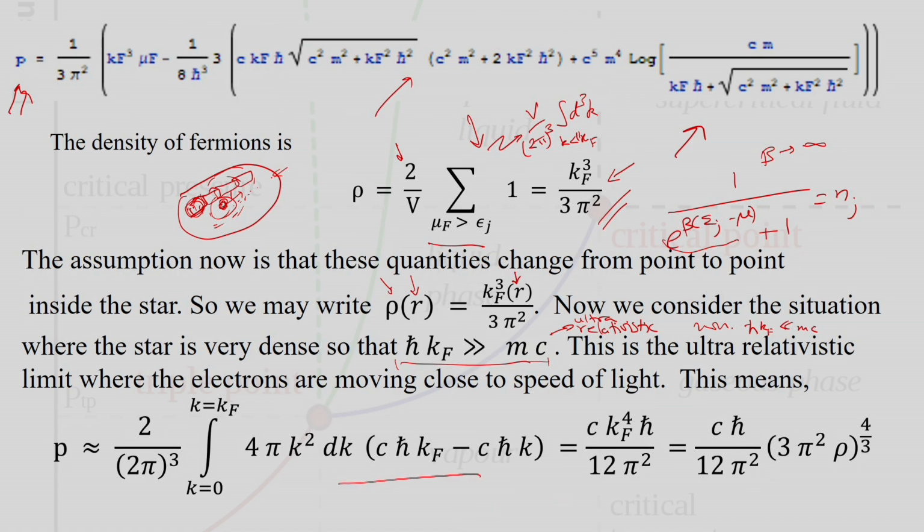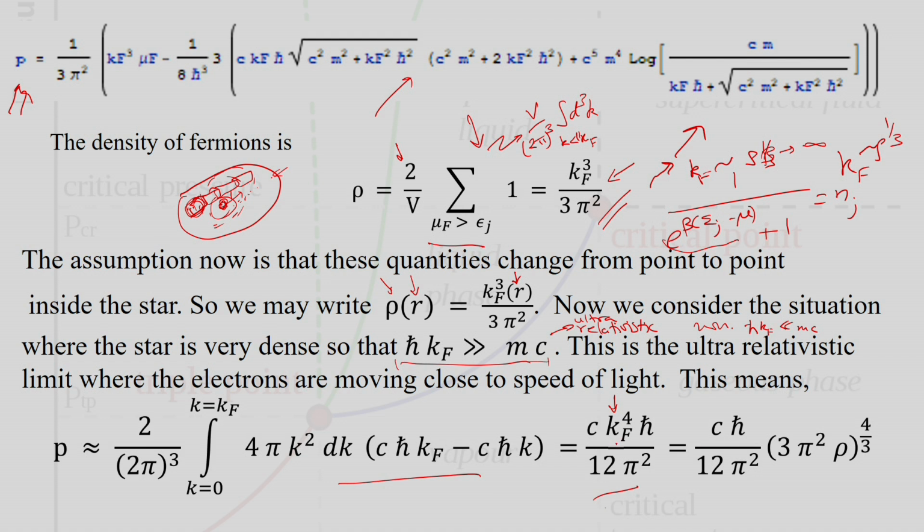That is what I have done here. When I do this integration, I get this result. It is going to be kf to the 4th power, and recall that from here you can see that kf is proportional to the density of fermions raised to 1/3.